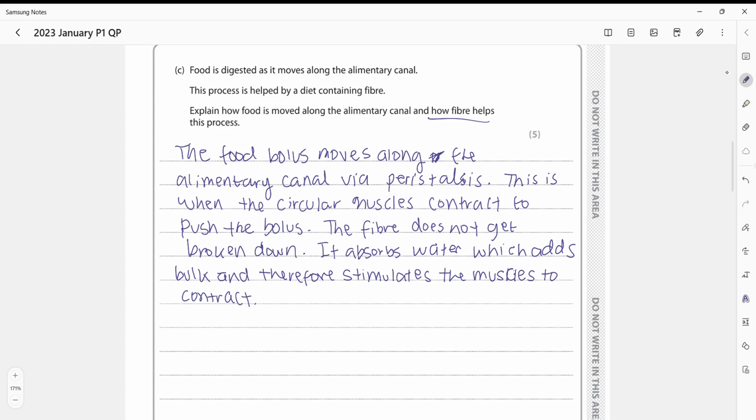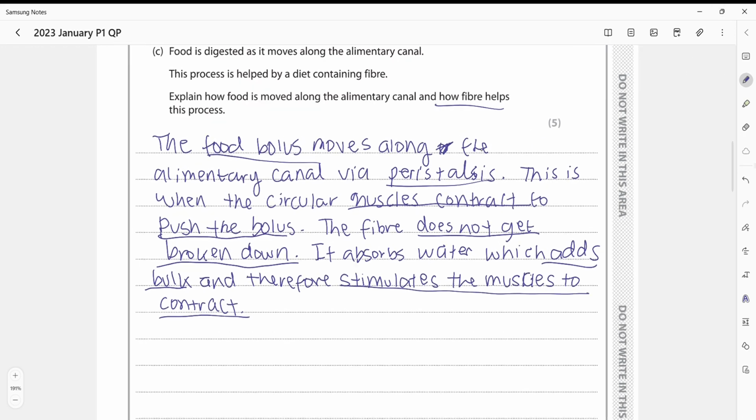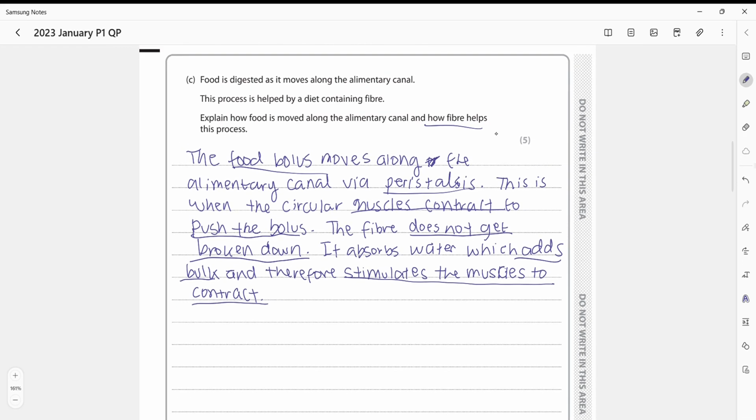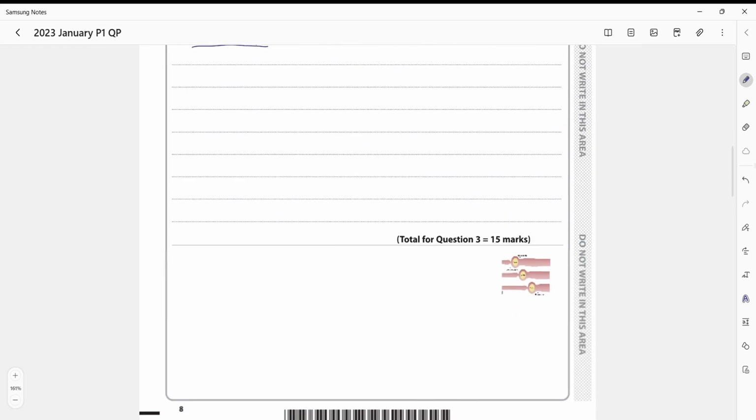Let's go over the marks here. So peristalsis is one mark, of the food bolus is another. We have your muscles contract to push the bolus, that's a third mark. Does not get broken down is another mark. Adds bulk is another mark. And stimulate the muscles to contract will be the last mark. Okay, let's move on to the next question.